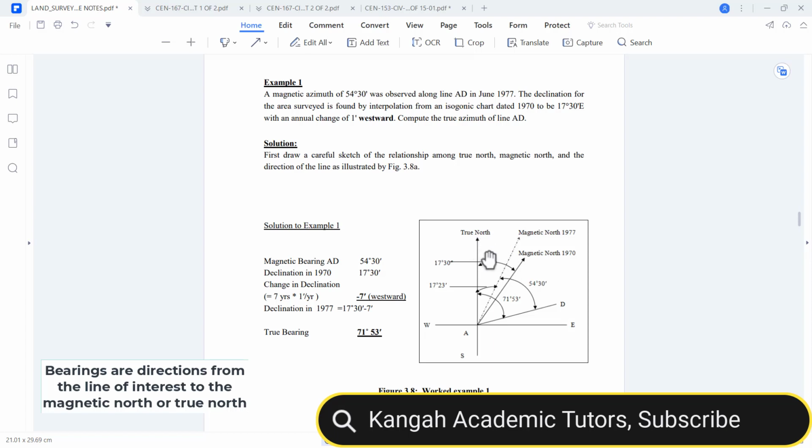The declination is the shift from the true north. So now I'm having my true north here, and my magnetic north here. So the difference between this magnetic north and the true north is the declination.